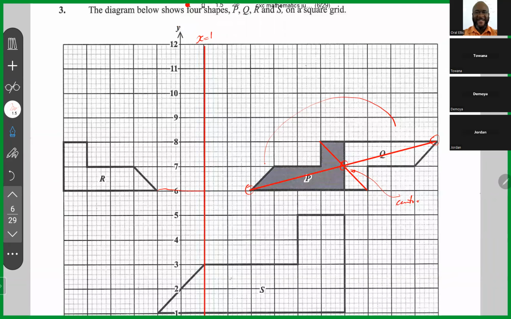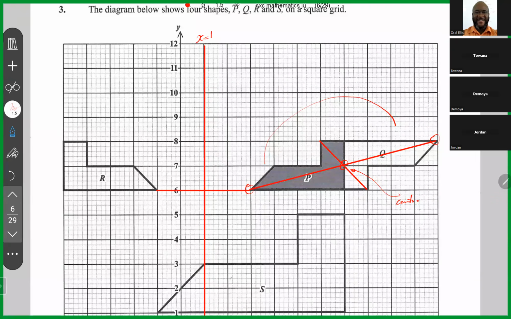Now in a reflection, the object and the image are the same distance from the mirror line on either side of the mirror line. So you can notice that these corresponding points are both 2 units from the mirror line. So the mirror line is in the dead middle between the object and the image.